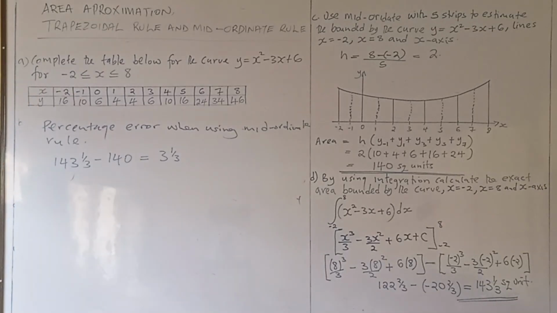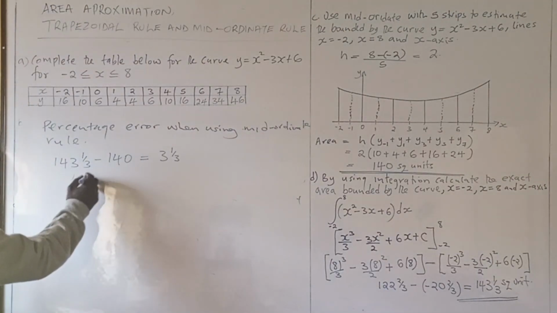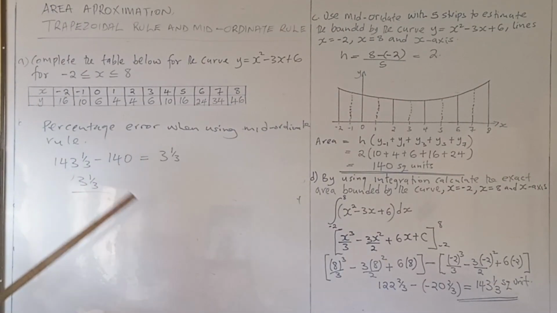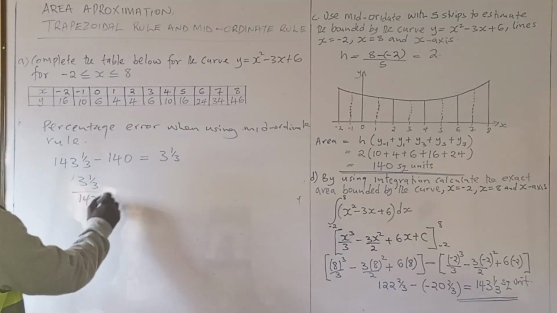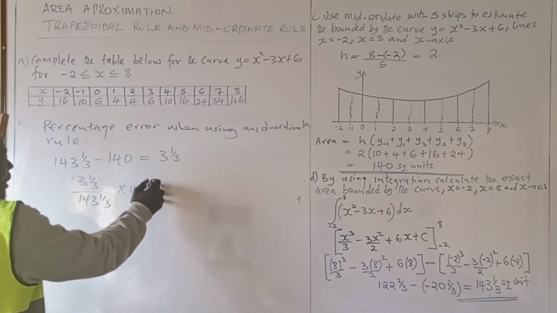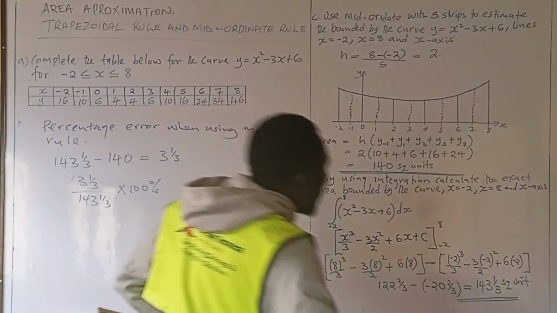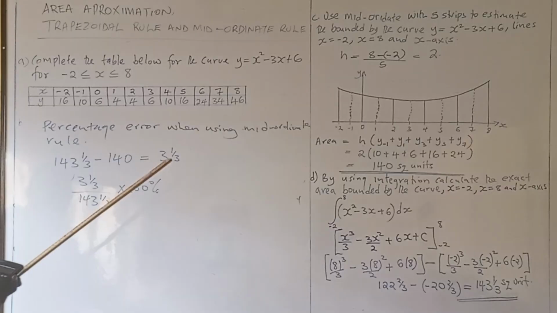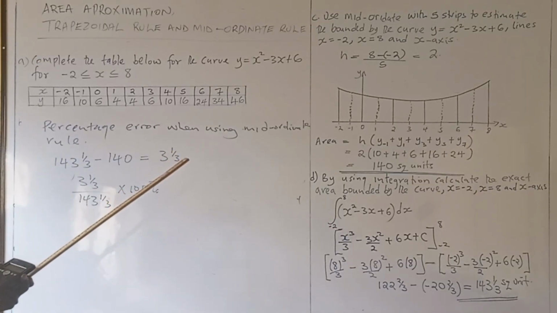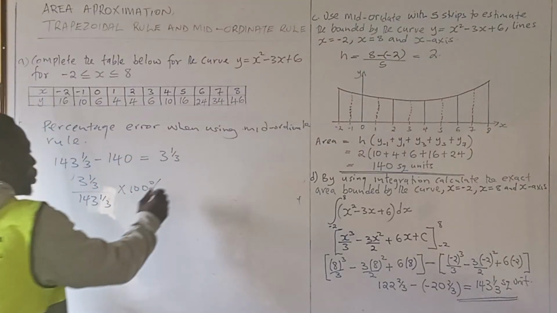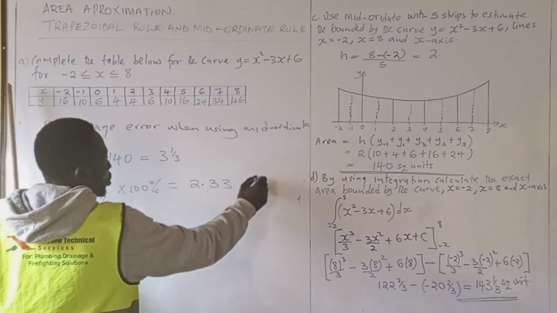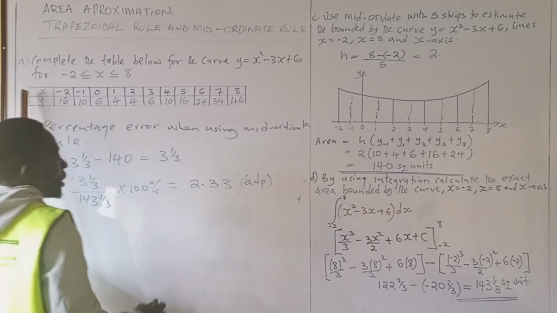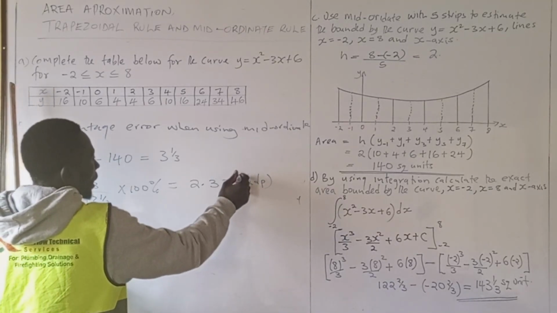You convert it into percentage, it becomes 3 1/3 all over the exact value, which is 143 1/3, times 100%. When you do that in the calculator, you get 2.33 to 2 decimal places. That is the percentage error.